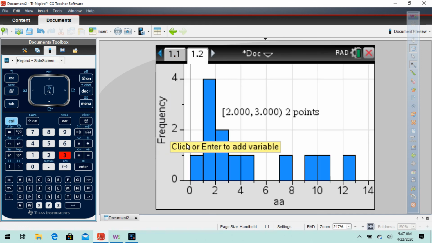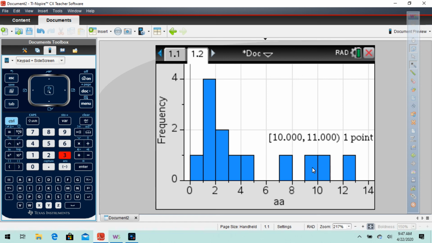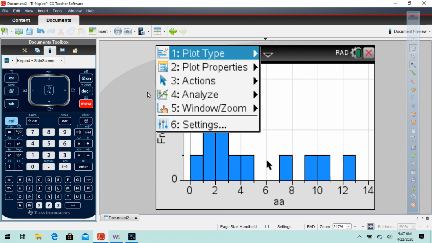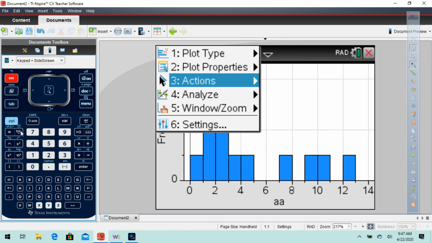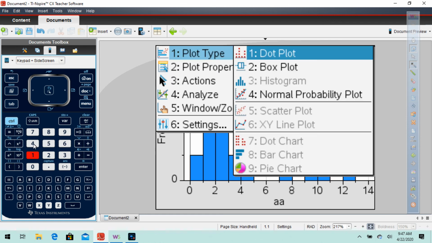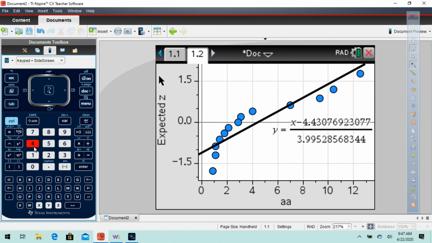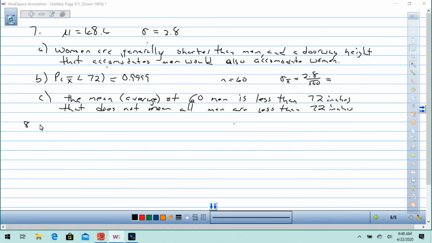All right, even if we tightened it up, it's still going to go off to the right, because there's a lot. So probably not. Let's go menu 1, 1 and 4, normal probability plot. Okay, I'm seeing a definite trend here, so I'm going to go with, this is A, no.